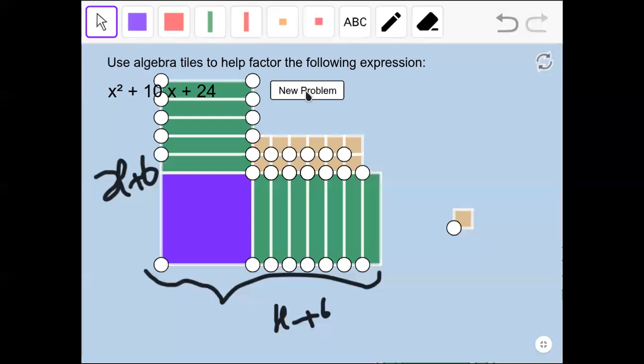Or if you want a new problem, you can generate a new problem, and then we assign that problem, and then we ask the student to arrange these tiles, and then we ask them to get a perfect square. Or we can ask them to convert a quadratic equation into a perfect square by adding something or deleting something.